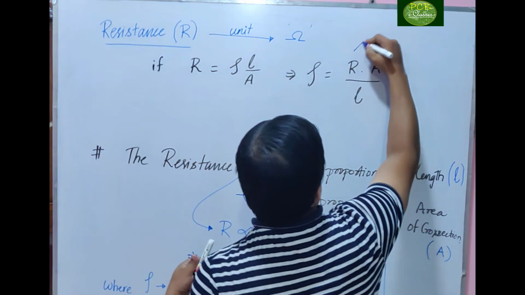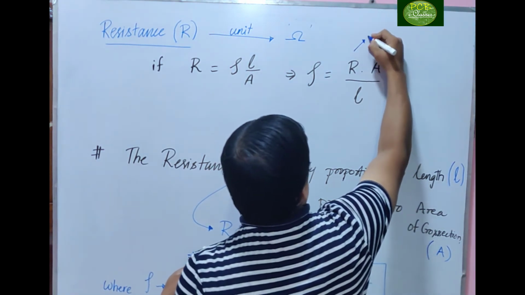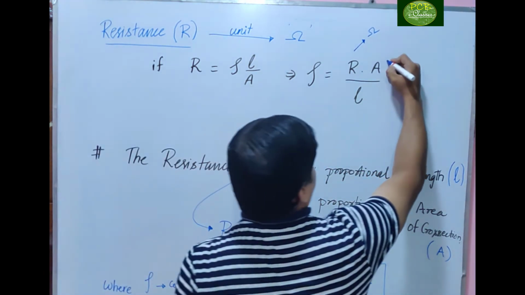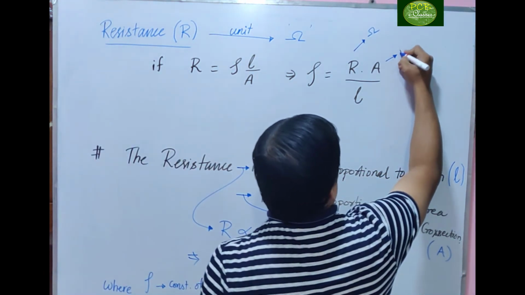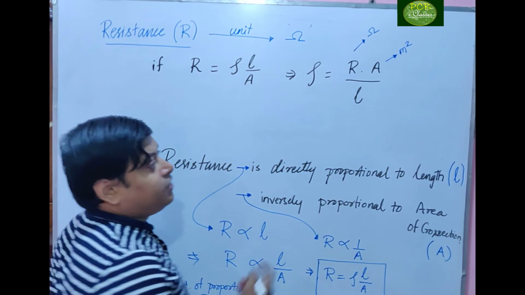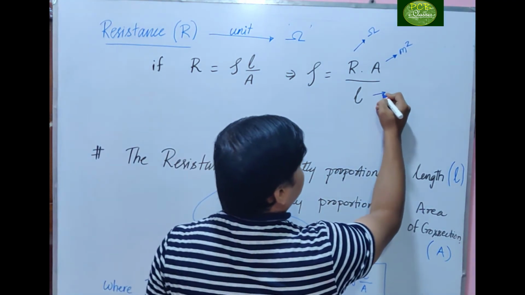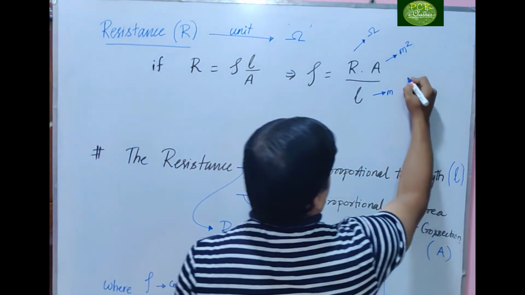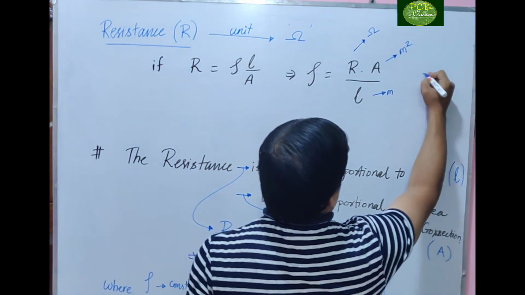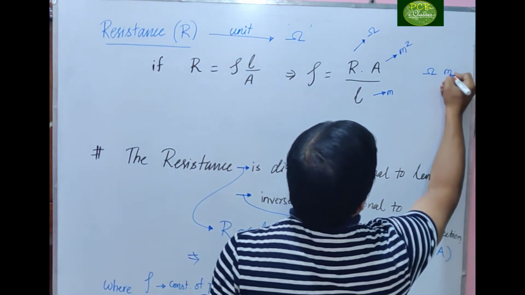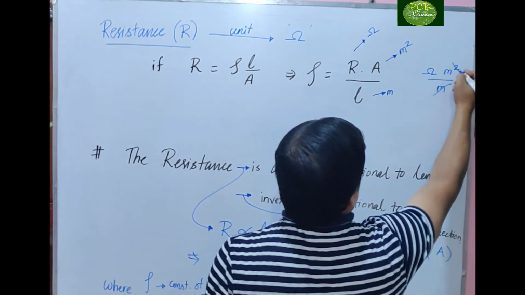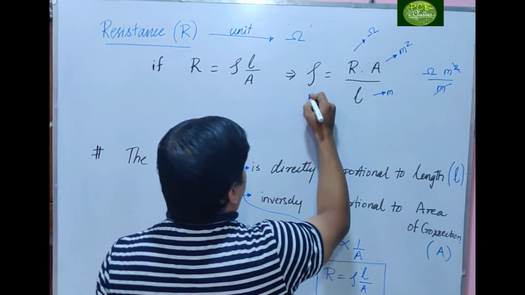We'll see the unit. What is the unit of the resistance? Ohm. What is the unit of area? Meter square. What is the unit of length? Meter. So if I write it in unit form, it's ohm meter square by meter. So meter is cancelled. So what is the unit of it?